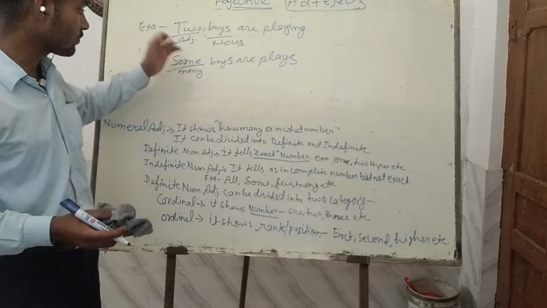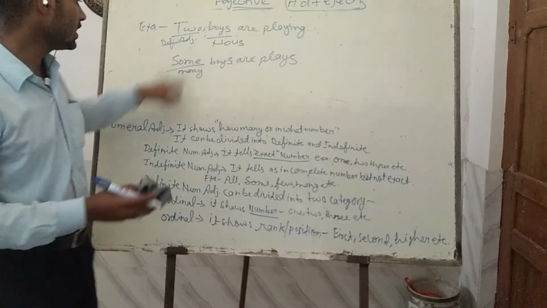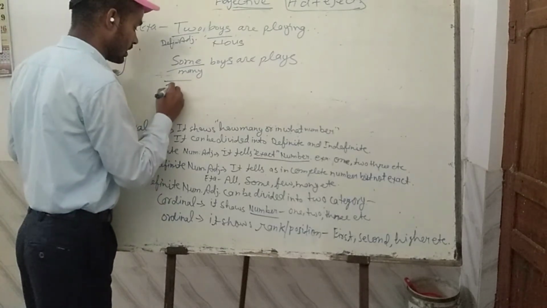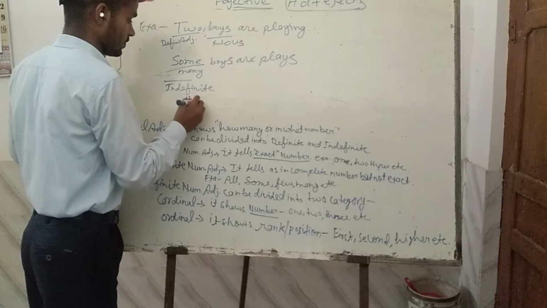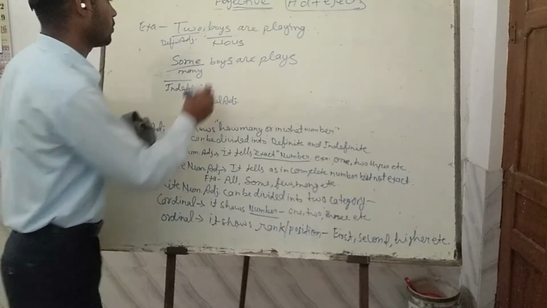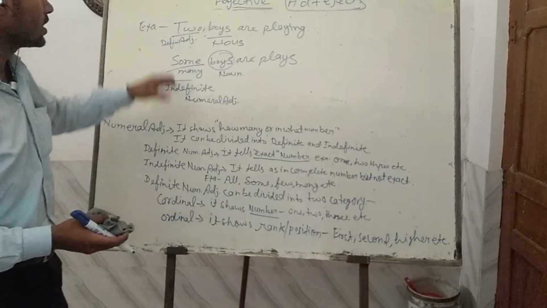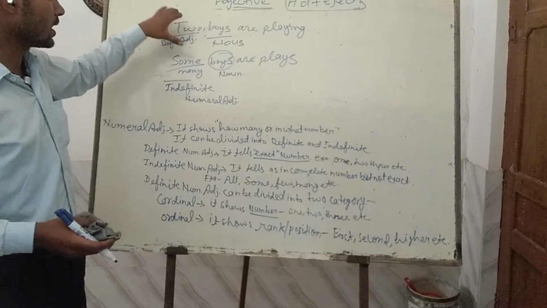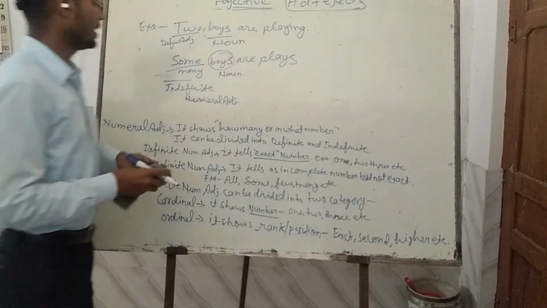But at the place of 10, when we use some or many for the 10 boys, it becomes indefinite numeral adjective. And boys is noun. In this way, you can observe the difference between definite and indefinite numeral adjective.